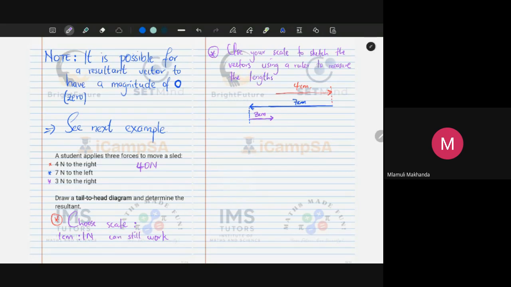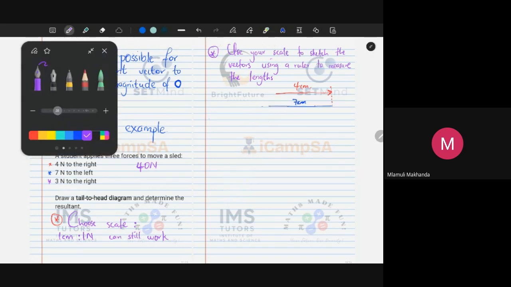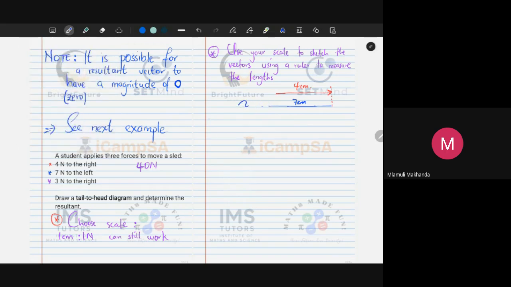Now let me slightly exaggerate it to make sure it's easy to draw everything else. If you draw it with the ruler, it'll be easier to draw. Right now, I'm just exaggerating it because I know conceptually we shouldn't have 7 centimeters being less than 4 in length.